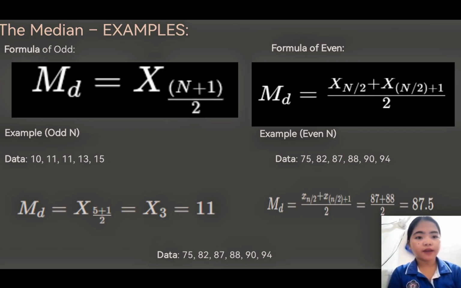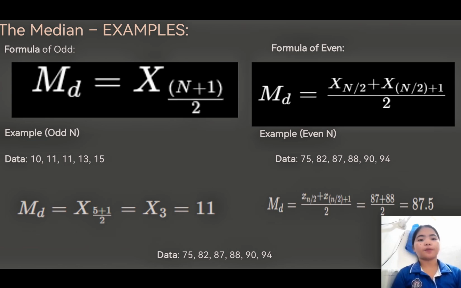To identify the n, the number in that position, 10 is x1, 11 is x2, another 11 is x3, 13 is x4, and x5 is 15.